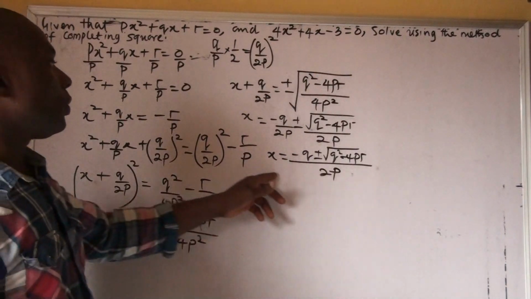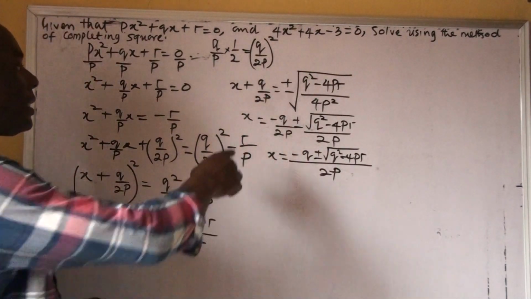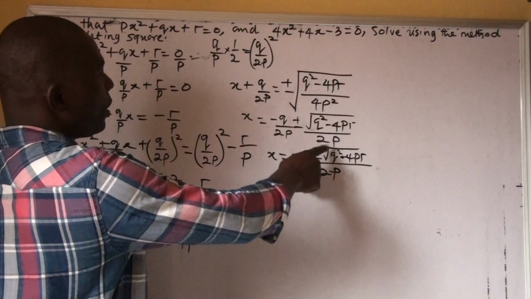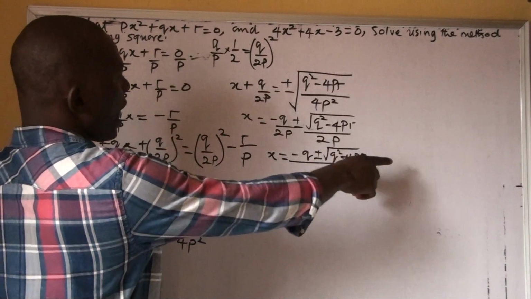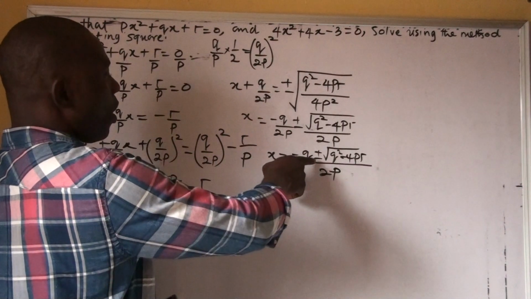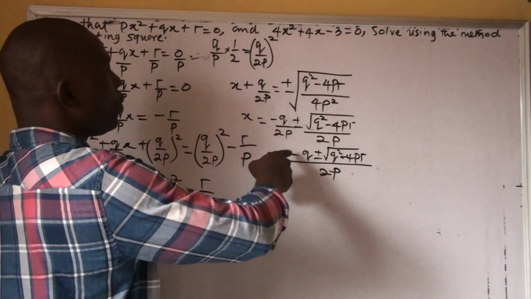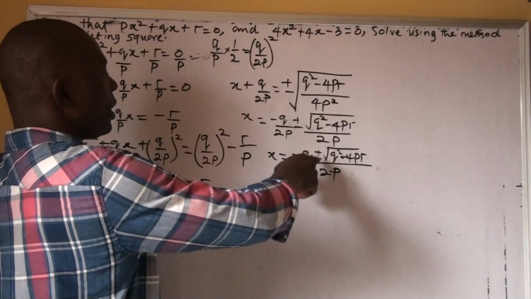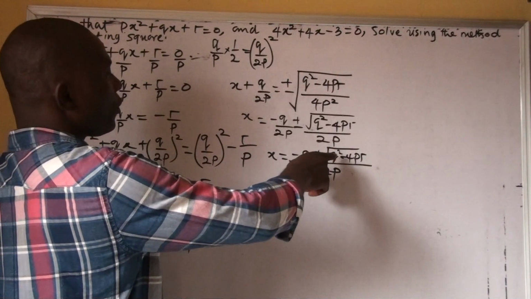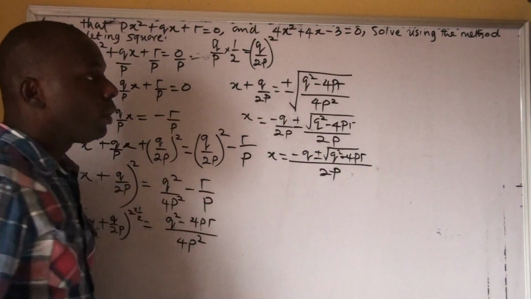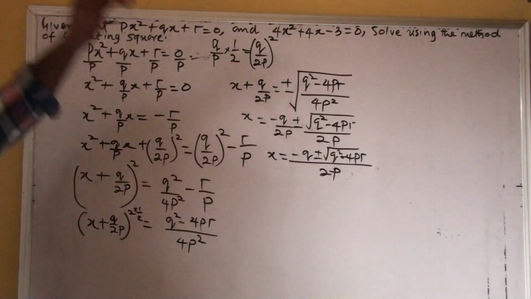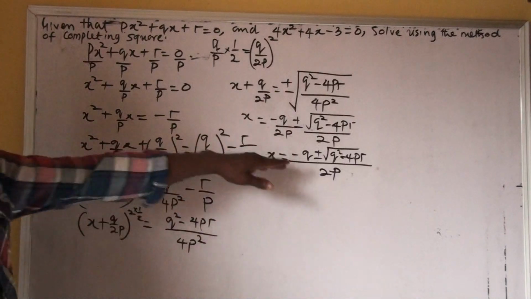So this is the solution. x is either minus q plus the square root of q square minus 4pr, or x is equal to minus q minus the square root of q square minus 4pr all over 2p. Okay, that is it, and this is one of the solutions.